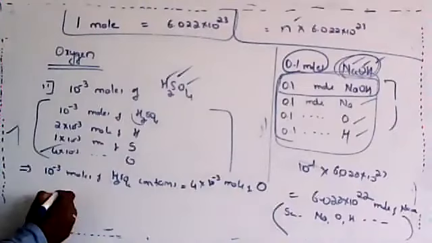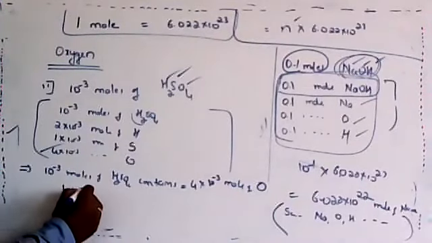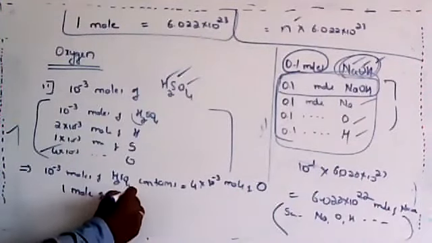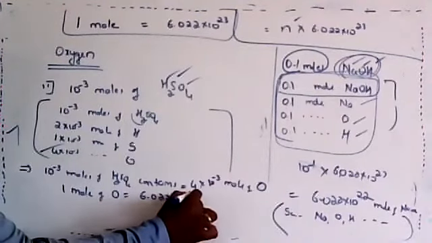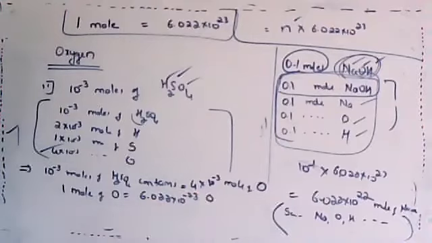So now equate it. 1 mole of oxygen is equal to 6.022 into 10 to the power 23 oxygen atoms.